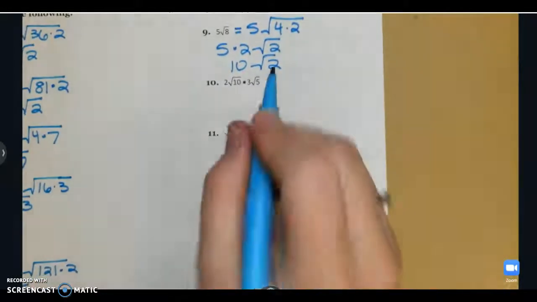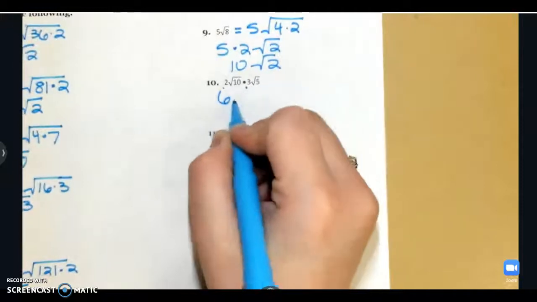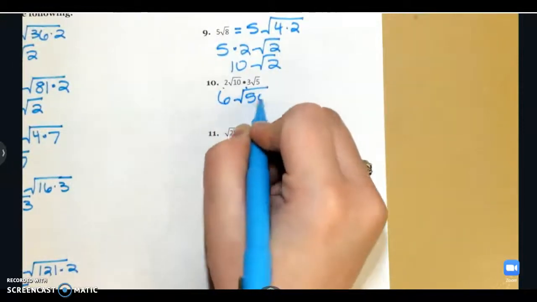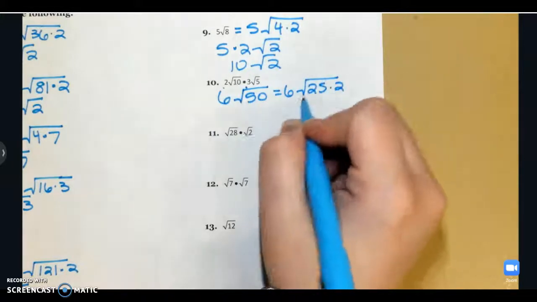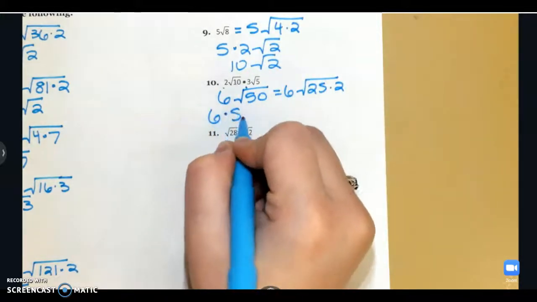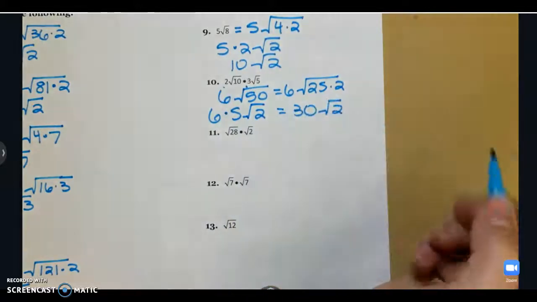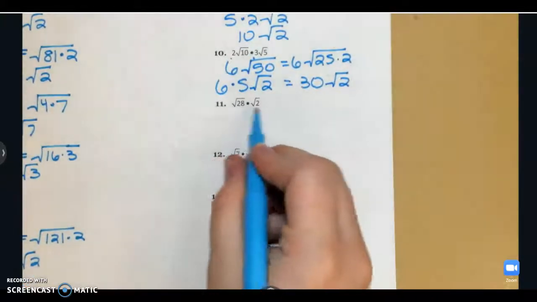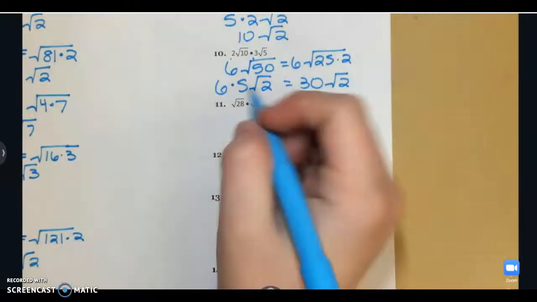Number 10, another multiplication. So we multiply what's outside together. It's going to give us 6. Multiply what's inside gives us 50. This, of course, can be simplified. So that's going to give us 6 times 5 square root of 2, which is 30 square root of 2. Multiplying radicals, 28 times 2 is going to give us 56.